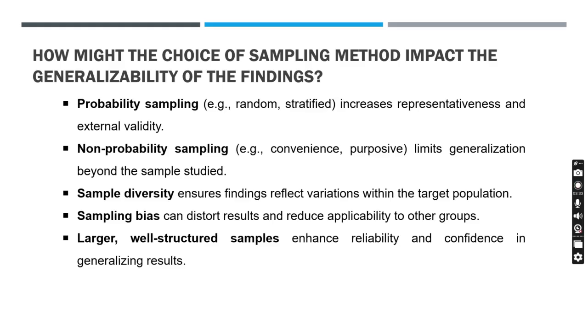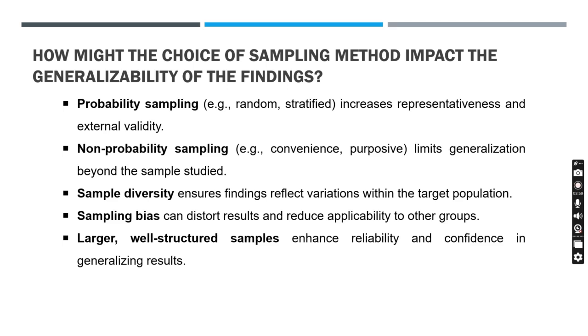Okay, and when we talk about sample diversity, this is mainly with regard to clustering. If you are going to divide the population into clusters, or you're going to do stratified to divide into subgroups based on characteristics, the diversity of the sample will help you ensure that the sample is representative of the population, so that we can generalize the findings.